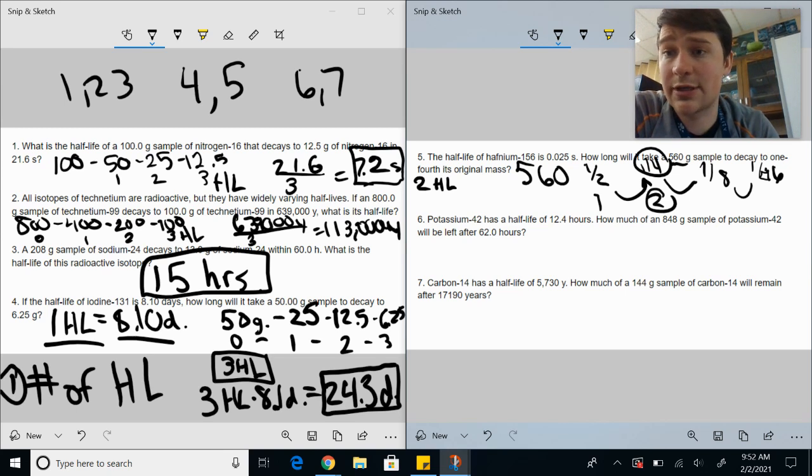Now we have to do the tricky part. We have to take that number, 2 half-lives, and multiply it by this small number, 0.025 seconds. Another way of doing this, since I don't have a calculator, is to take 0.025 and add it twice because that's the same thing as multiplication.